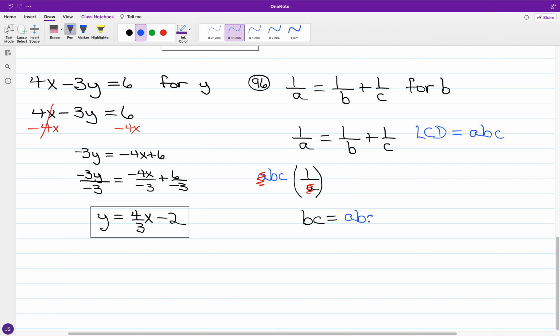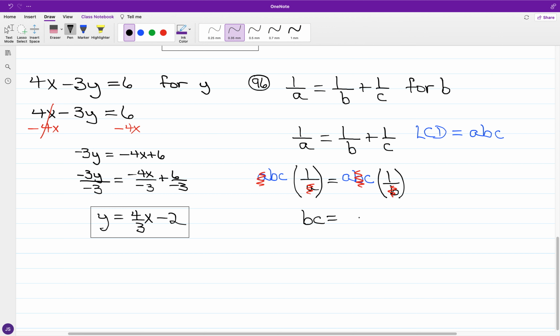So you have ABC multiplying 1 over B. I'll just move this over here. So we can get the B's to vanish.